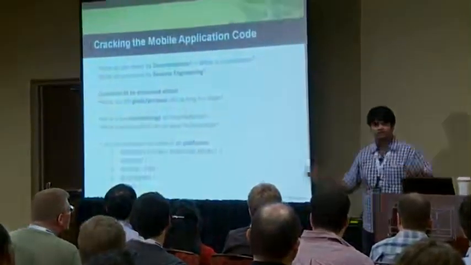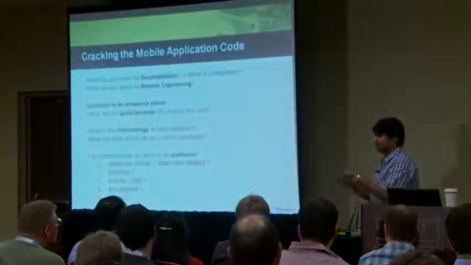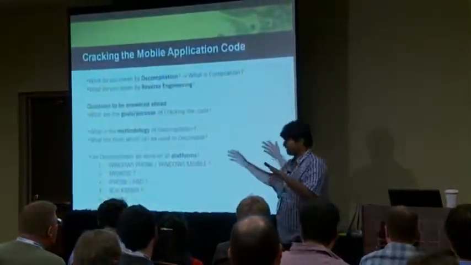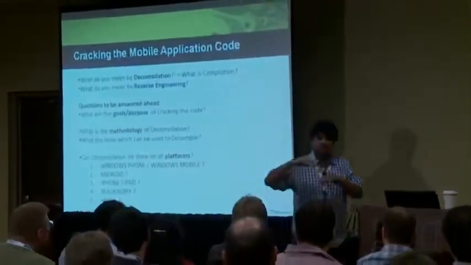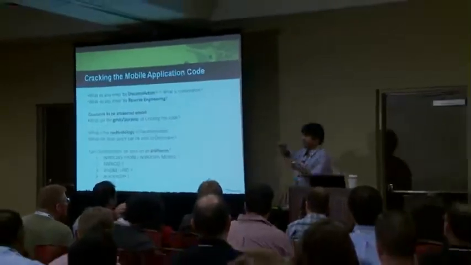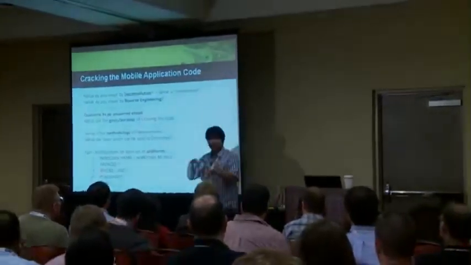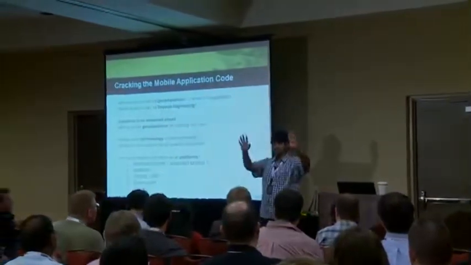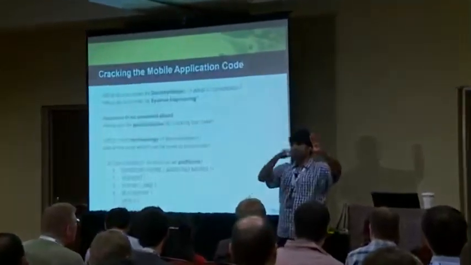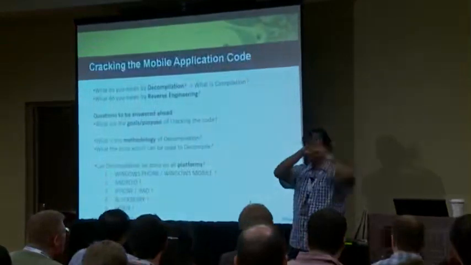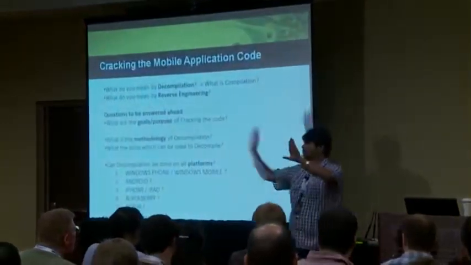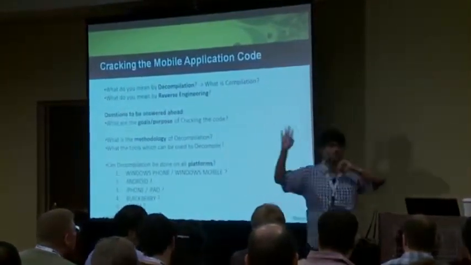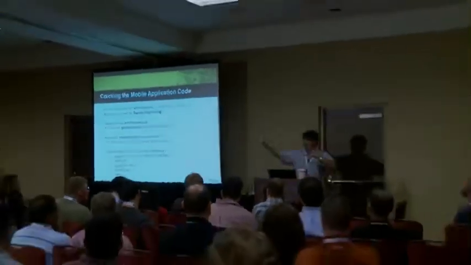You must be knowing what is a program. A developer writes a few lines, it executes something, it gives you an output. So to understand decompilation, let us understand compilation first. Compilation is a process in which you write a program, you use an application or a compiler to translate it into object code and then to bring out an exe. You use an exe on your Windows machines, so that is the executable.